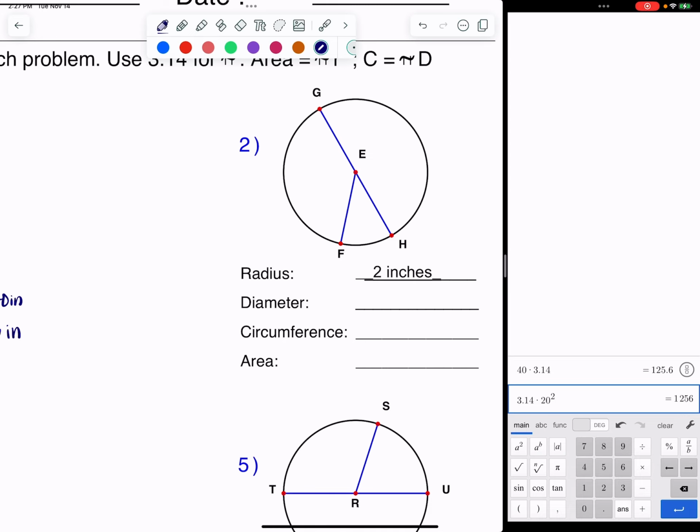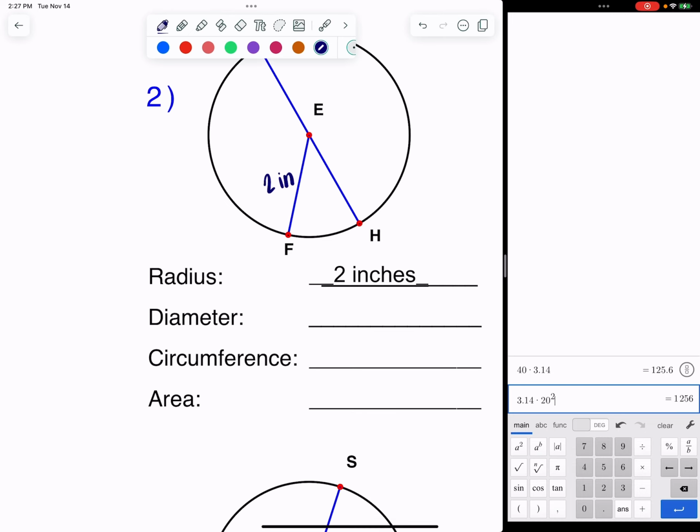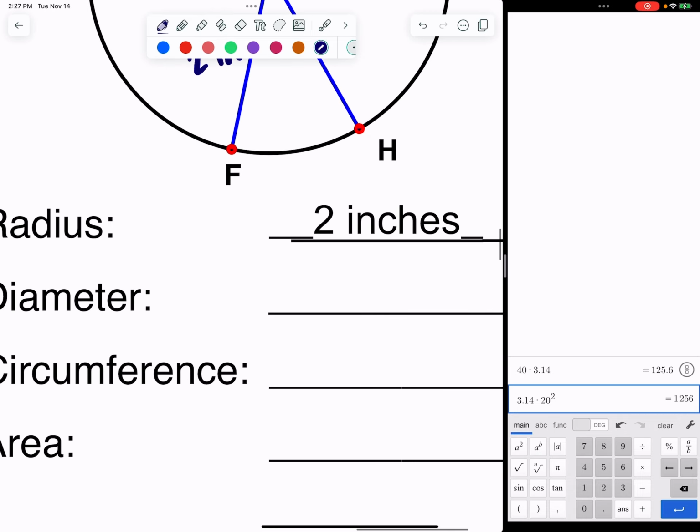This time, we are given a radius of 2 inches. So I'm going to label my picture. I need to find diameter. Well, when I was in high school, another one of my teachers said, always start by writing the formula. And I didn't say that on the first one, but I think it's a really, really helpful habit to get into. So remember to WTF, write the formula.